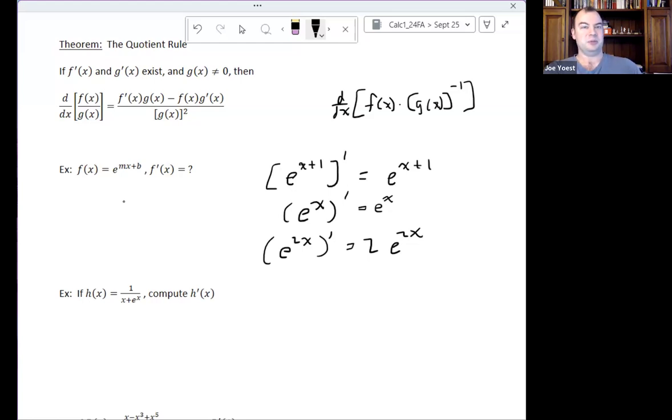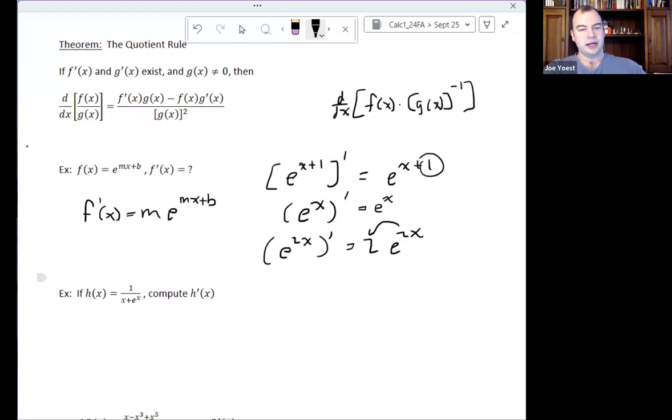And his question was basically, does this idea generalize to an arbitrary e to a linear function? Is f prime... well, the coefficient of x is m, and it seems like that coefficient comes down, and it seems like the constant term just sticks around. Is that true?